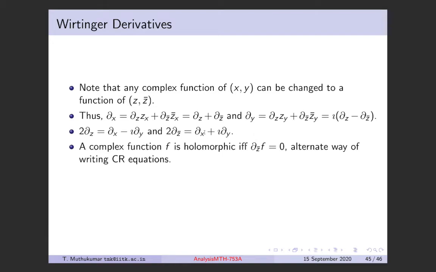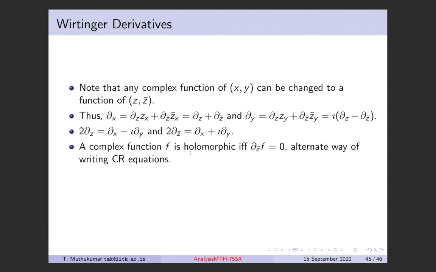So if u and v are the real and imaginary parts of f, then what you have here is ux plus i vx. Similarly, here you have i vy plus i squared uy, plus i squared vy. And that equal to 0 is precisely, if you equate the real and imaginary parts here, what you get: the Cauchy-Riemann equations. So the Cauchy-Riemann equations are precisely the fact that the z bar derivative of f is 0.